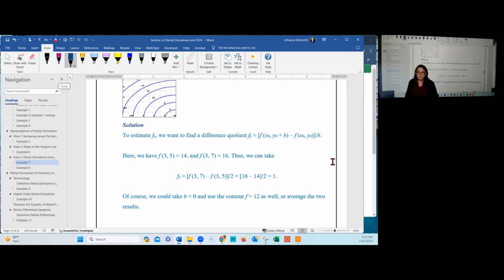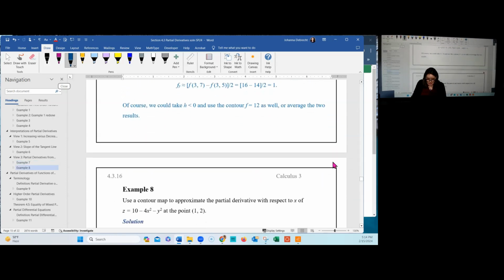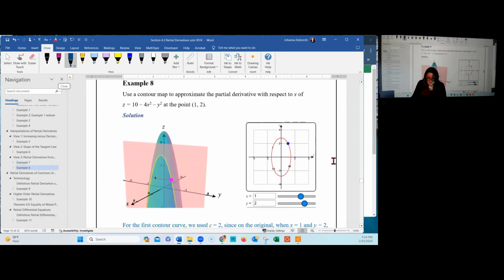Now, this, of course, is not a great approximation. Note that we could have also come down and used whatever it is down here at about 3, 3, which would have been about 12. We could have used that as well, and we could average the two results maybe to get something slightly more accurate. Let's take a look now at example 8.